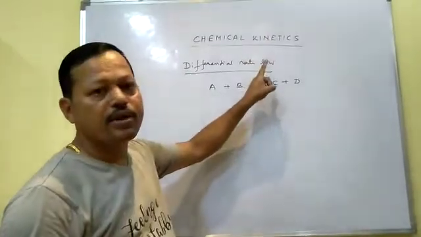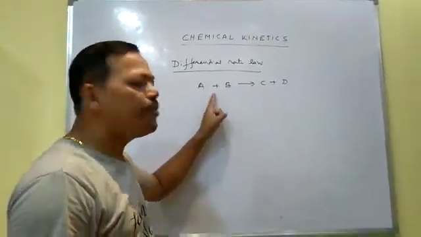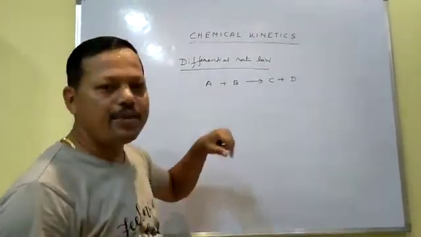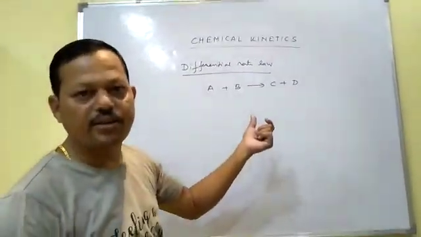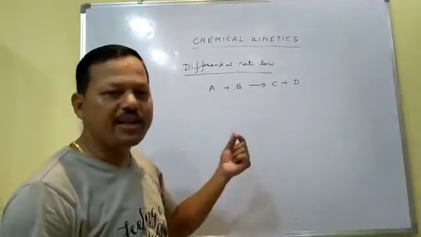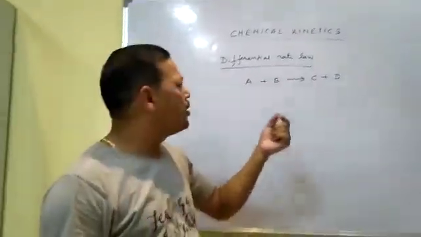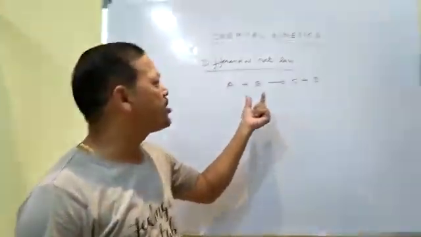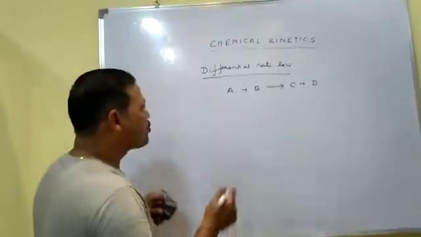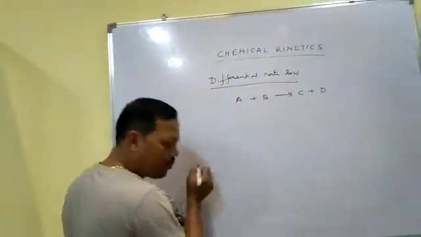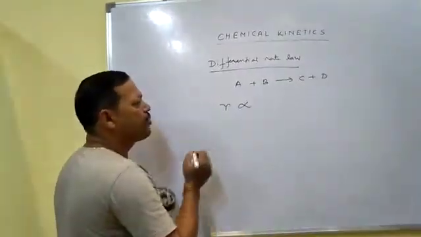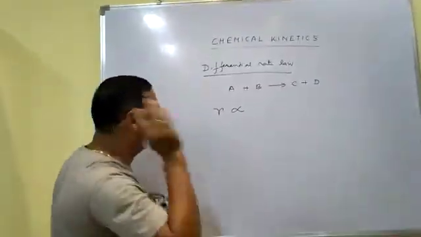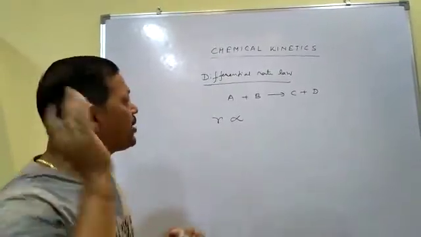According to this differential rate law, the rate of a chemical reaction is directly proportional to the multiplication of the concentration of reactants. So the rate of a chemical reaction R is directly proportional to the multiplication of the concentration of reactants. What are the reactants?